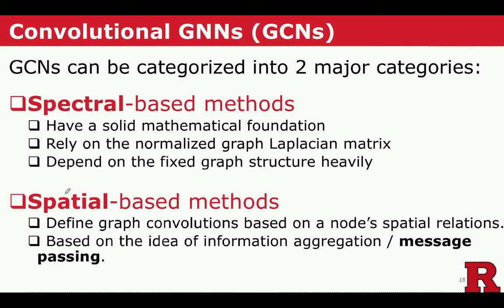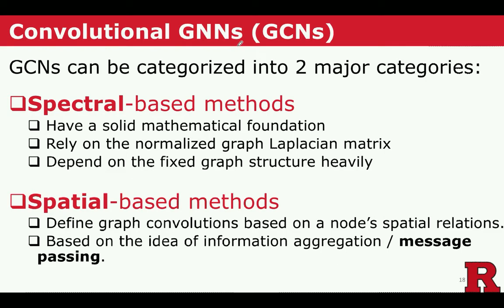Recent graph neural networks generalize convolutions to the graph domain, so that's why it's called convolutional graph neural networks. If you are very familiar with convolution layers in convolutional neural networks, convolution in GCNs is basically the same operation.